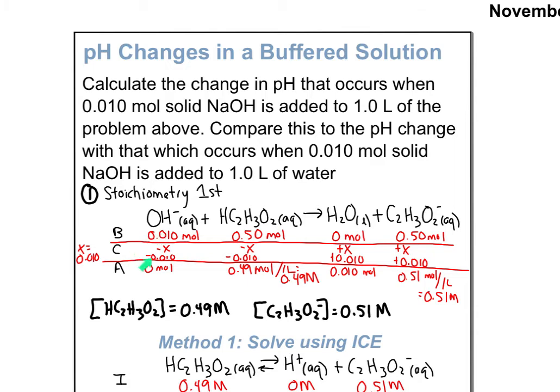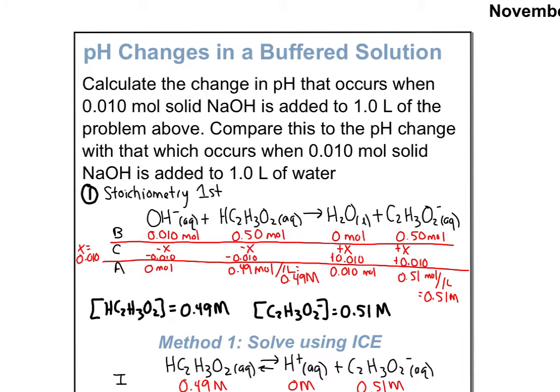So then we do B plus C to give us A. So 0.01 minus that 0.01 gives me 0. 0.5 minus 0.01 gives 0.49, divided by 1 liter gives me 0.49 molar, so moles to molarity. We have 0.01 moles of water, don't really care about that. And then 0.5 plus 0.01 gives me 0.51, and we divide by the 1 liter to get concentrations.